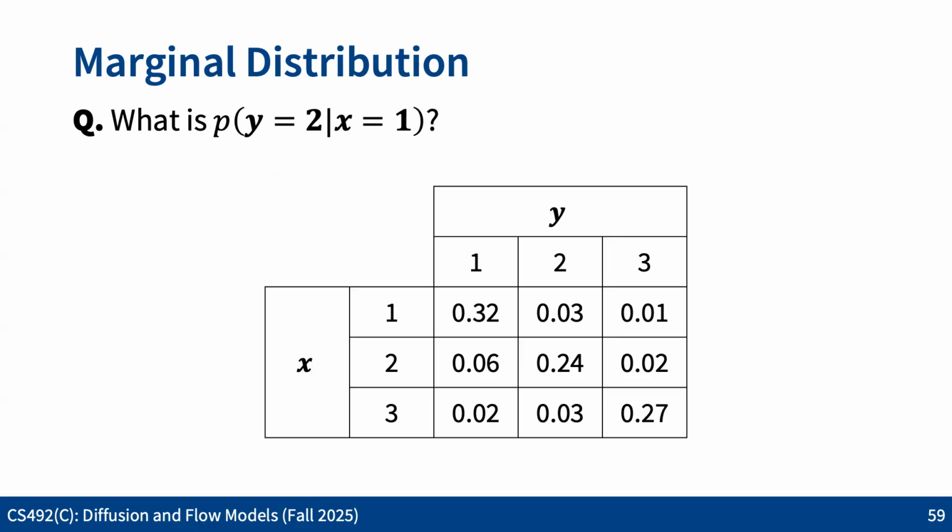From the Bayes rule, this probability multiplied by the probability of x equals 1 should be the joint probability. From marginalization, we can compute the probability of x being 1. And we also have the information about the joint probability, so based on that, we can compute this as well. So these can all be computed with the Bayes rule.